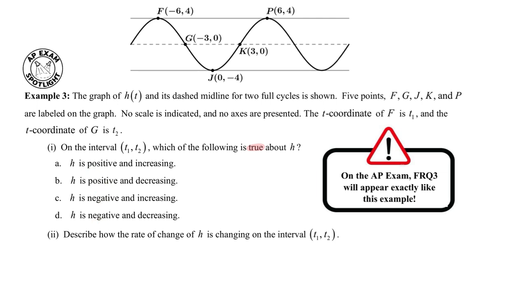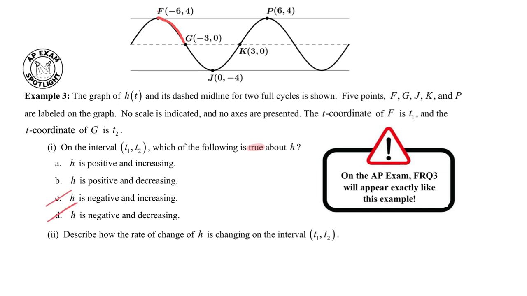In a multiple choice question, we're going to be able to get rid of two of those right away. So here is the x-axis. To be positive, we have to be above it. To be negative, we're below it. And we are talking about this part of the graph right here. Well, that's above the x-axis. So we are going to cross out negative, right?